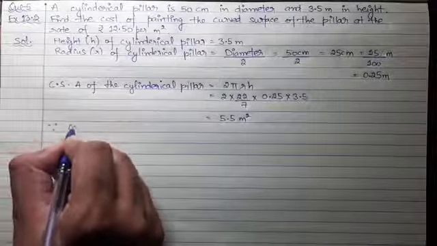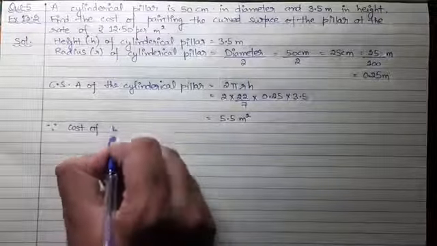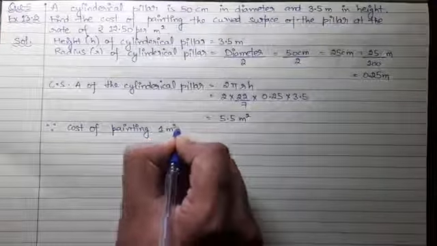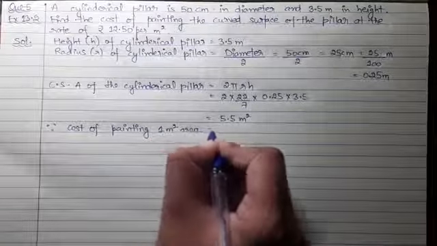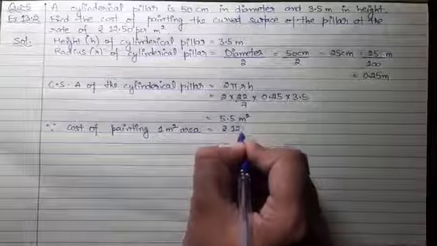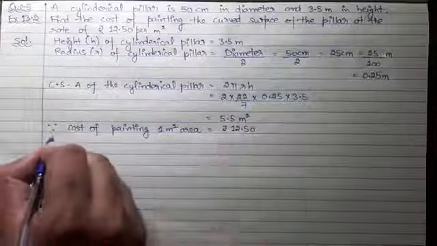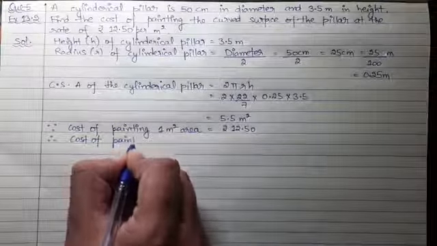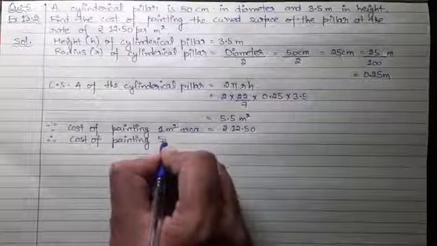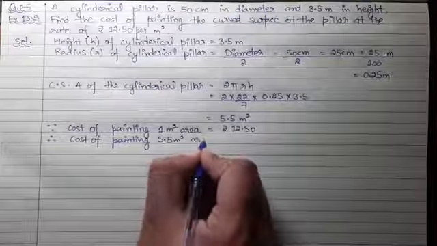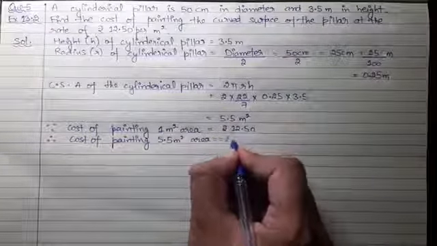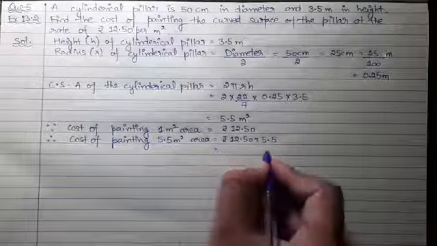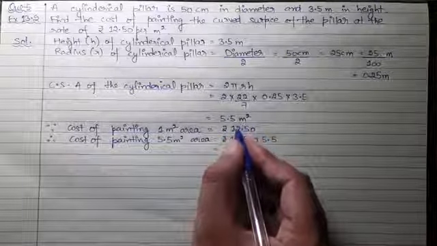Since cost of painting 1 meter square area is equal to rupees 12.50 given in the question, therefore cost of painting 5.5 meter square area is equal to rupees 12.50 multiply 5.5. 5.5 is the curved surface area of cylindrical pillar.